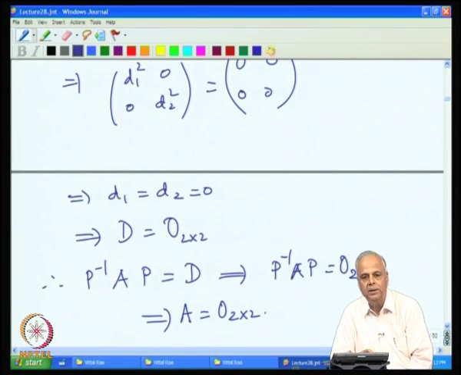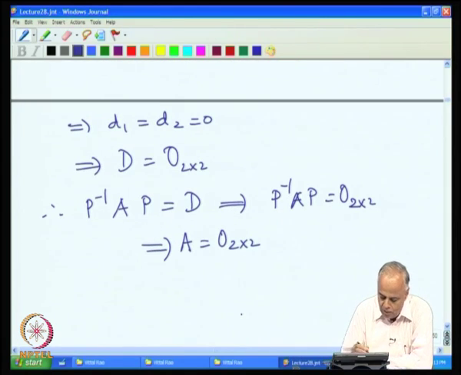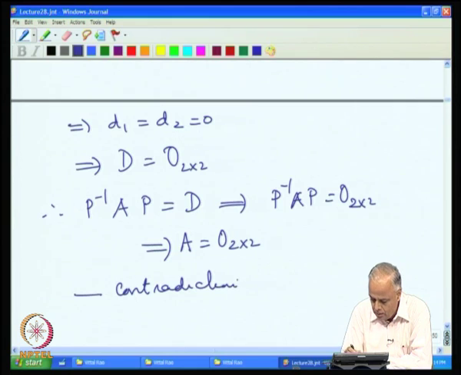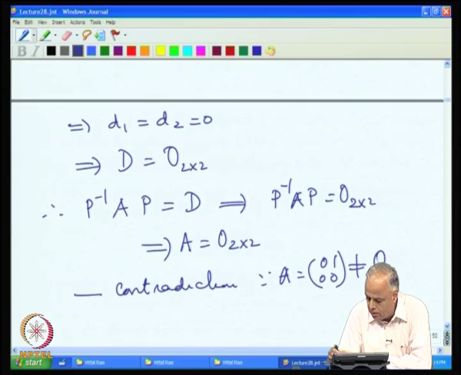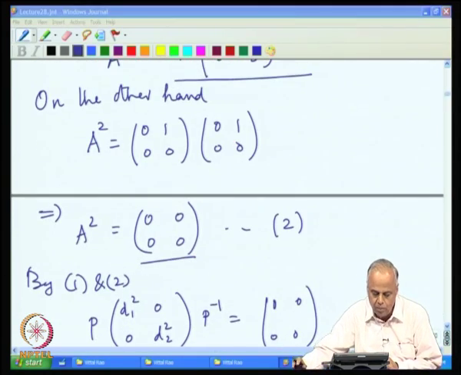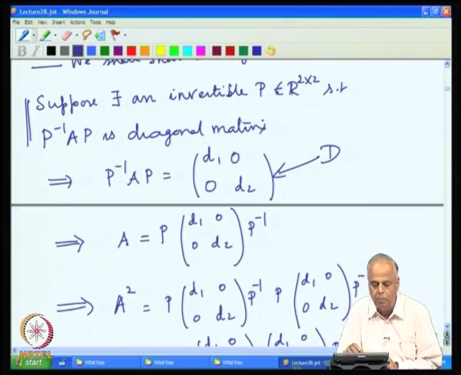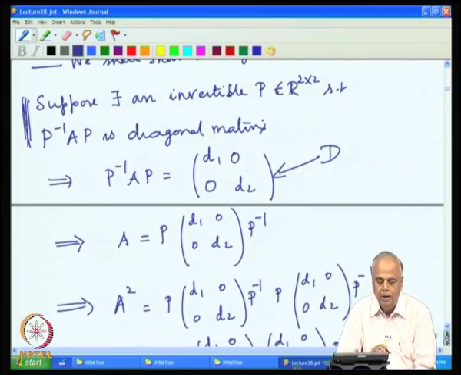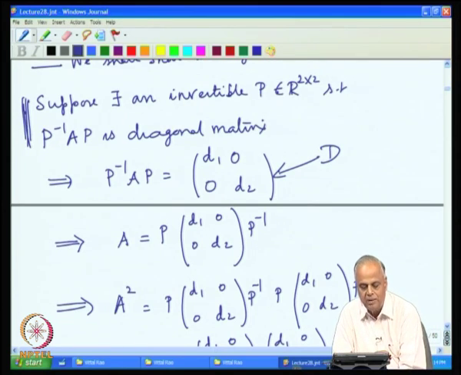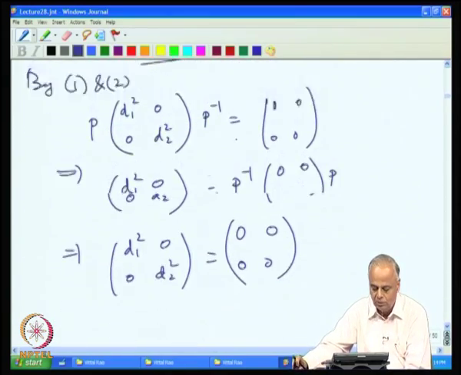But that is a contradiction, because we are given that A is the matrix [[0, 1], [0, 0]], which is not the 0 matrix. And therefore, our assumption, that there exists an invertible P such that P inverse A P is diagonal, led us to a contradiction, and hence that assumption must be wrong.